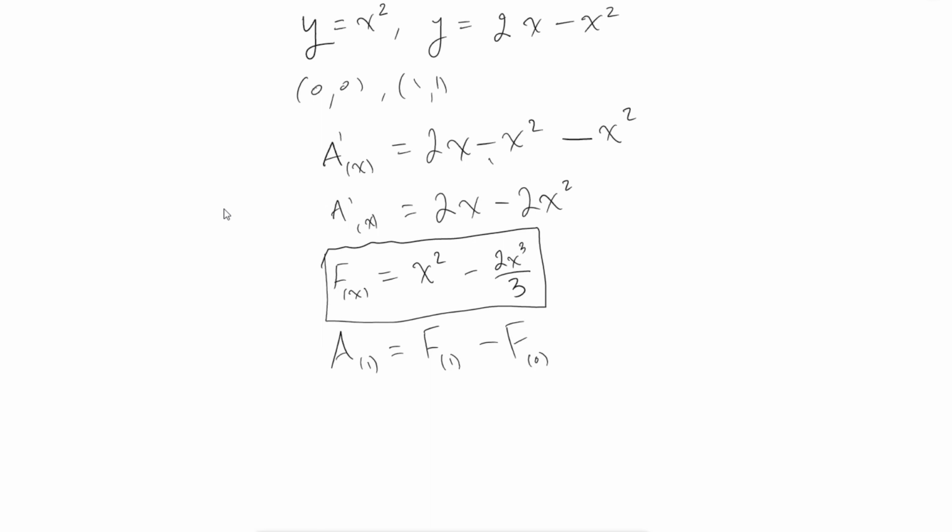So that's equal to 1 squared minus 2/3 times 1 cubed, minus 0, because I have 0 squared minus and so on. So that's the same as 1 minus 2/3, which gives us an area of 1/3. So the area between the two functions is equal to 1/3.